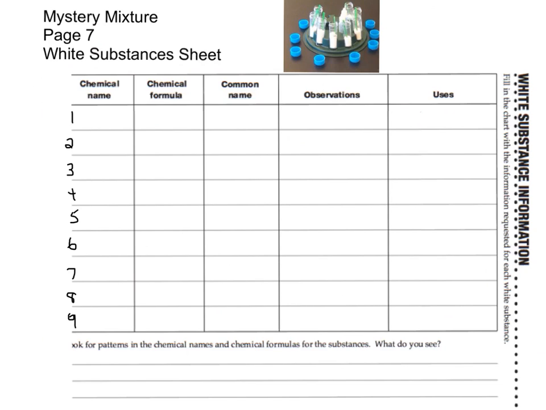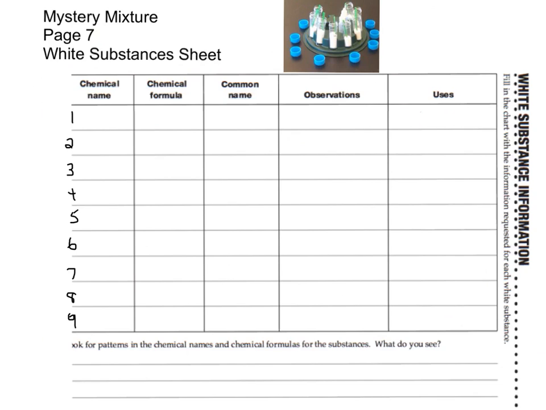So these are the vials. They look like this, and there's 9 different white substances, and 2 of these vials, 1, 2, make up the mystery mixture.